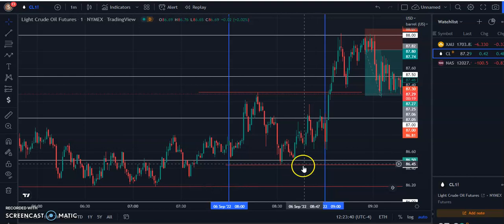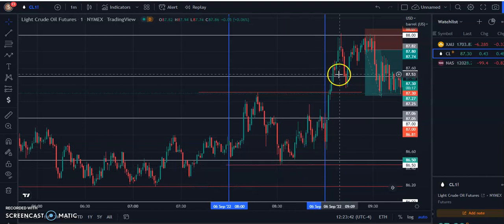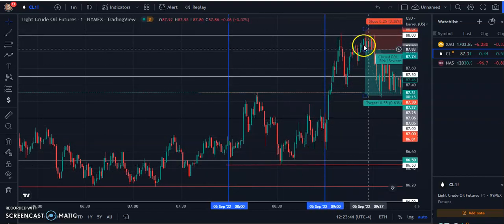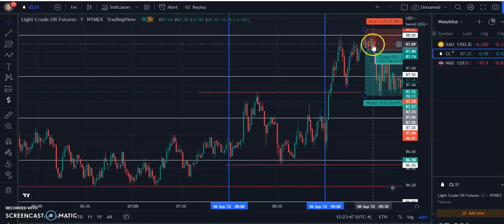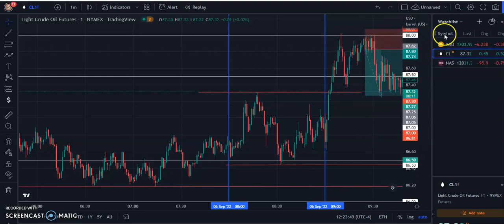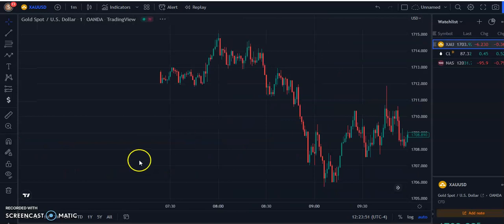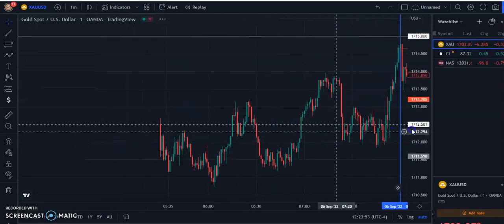And as you can see, this is a pump and dump. Pump, pump, pump, pump, pump. And then look at this setup in gold. You'll see the difference.